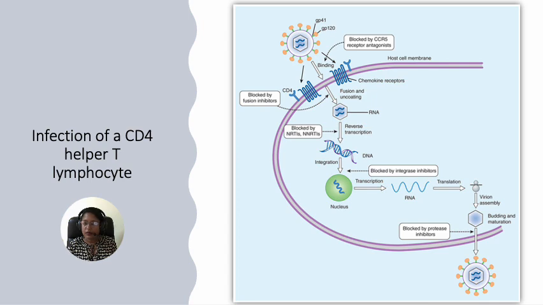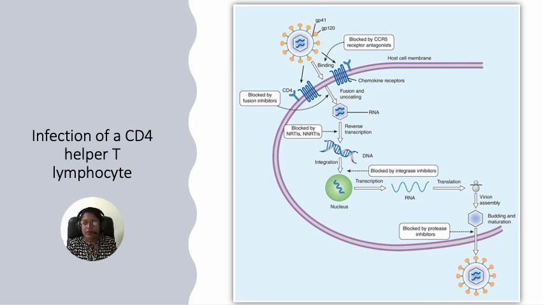So it binds and fuses to the host cell where it enters. Once entered, it becomes incorporated with host DNA. When the T cell is activated, the transcription factor nuclear factor kappa B initiates transcription of both the host cell and the provirus DNA.